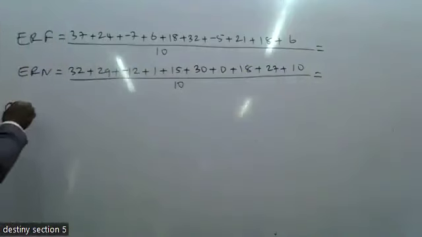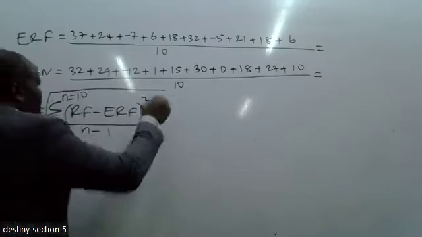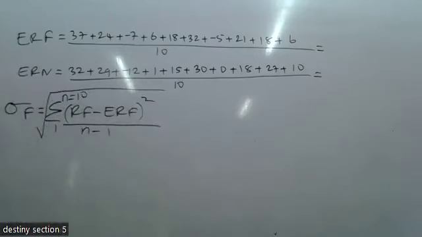Now that there are no probabilities, we divide by n minus 1, then we get the square root.